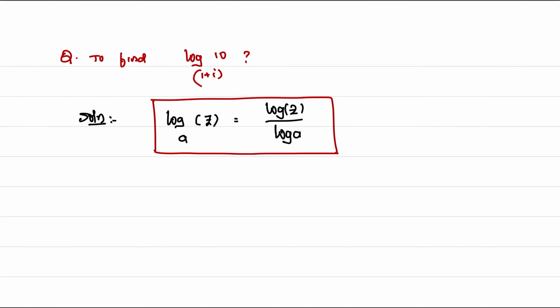Log z doesn't mean that log z should have all the complex coefficients also. It can have 0 as the coefficient of i. z is equal to complex number a plus ib. It can be a plus ib, a minus ib. b can be either negative value or positive real value. This is the form of the z.